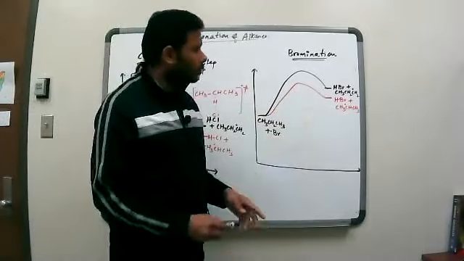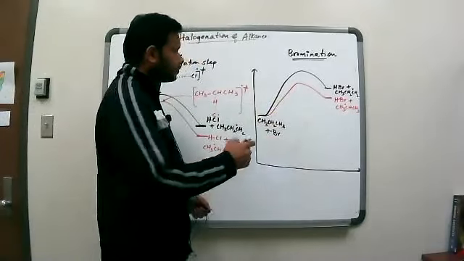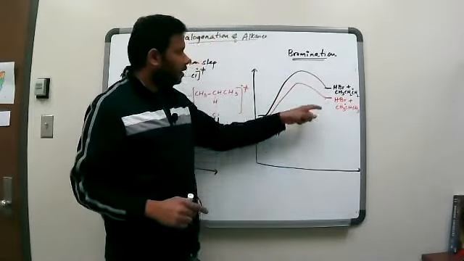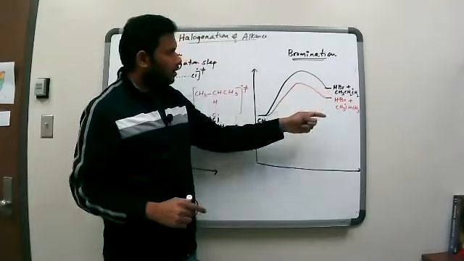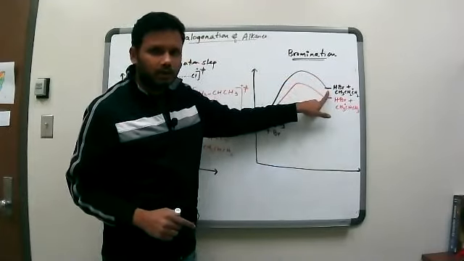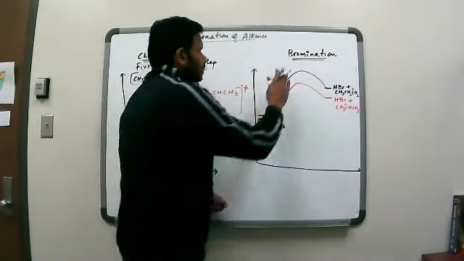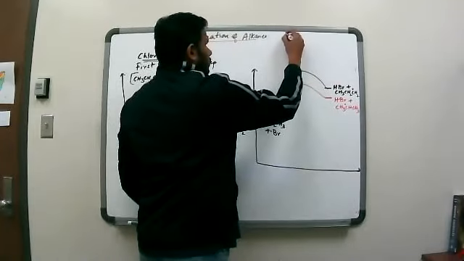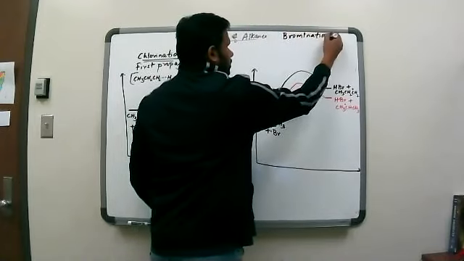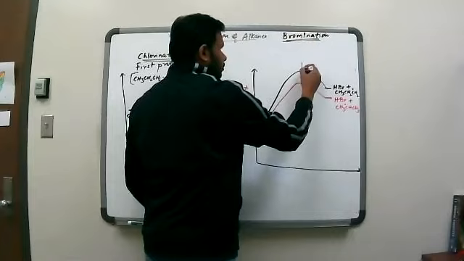Now, when we go to the bromination example, these are both endothermic steps. The transition state is now closer to the product, okay? Which means the transition state is closer to the product.